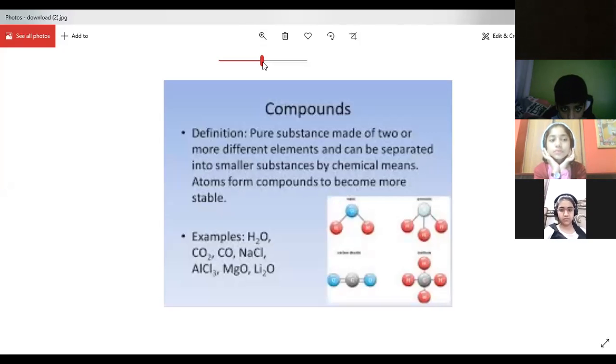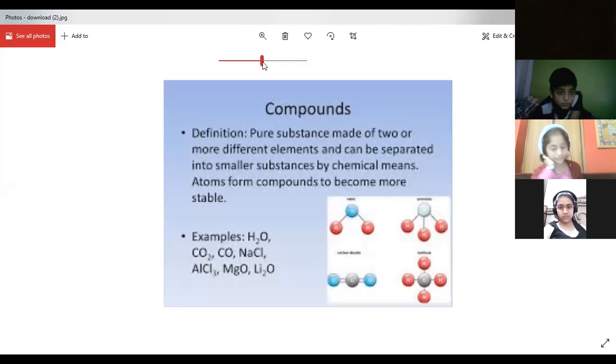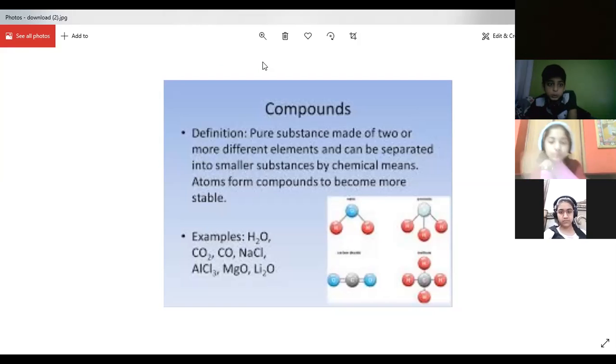Whereas on the other hand, there are some compounds as well. For example, the pure substance made up of two or more different elements can be separated into smaller substances by chemical means; atoms form compounds to become more stable. Now, what is a compound? When two elements combine together and give a new substance, it is said to be a compound.